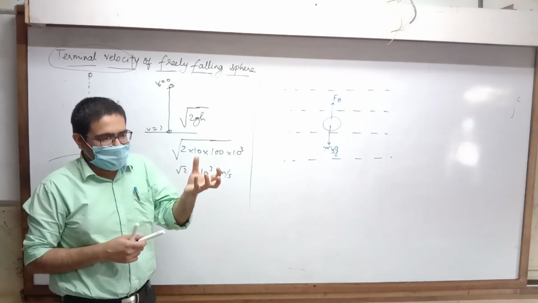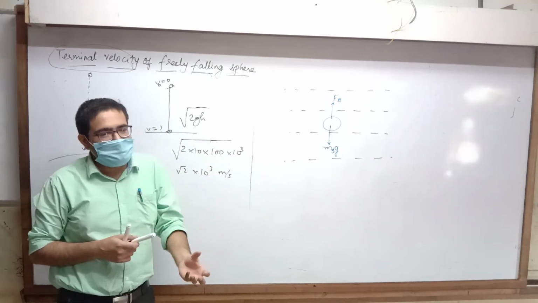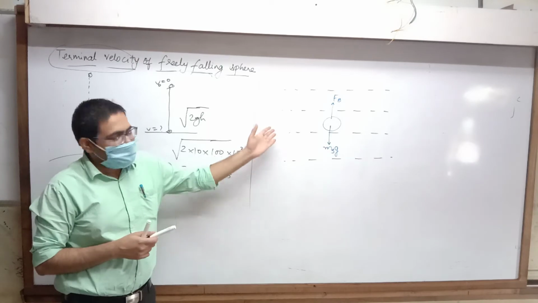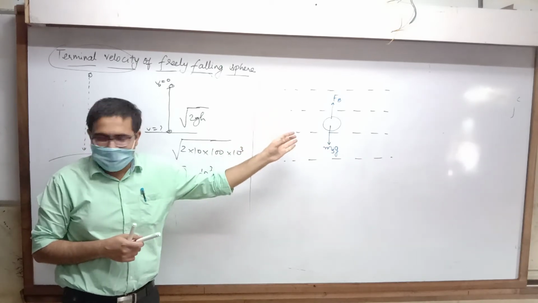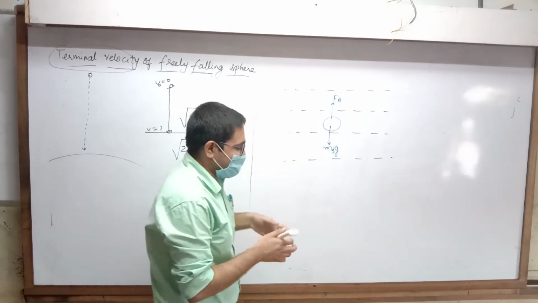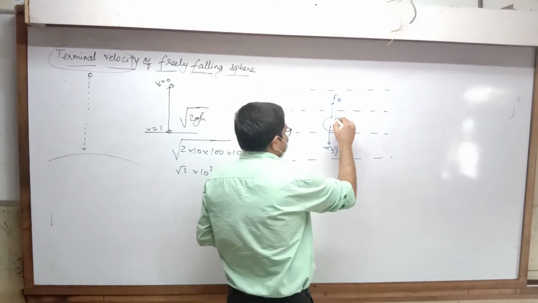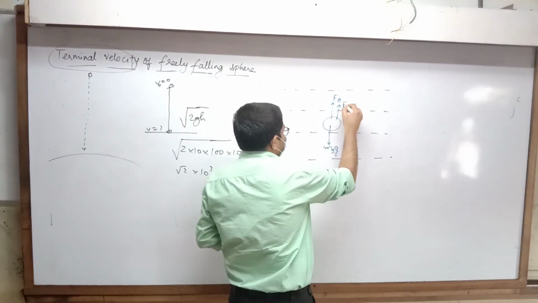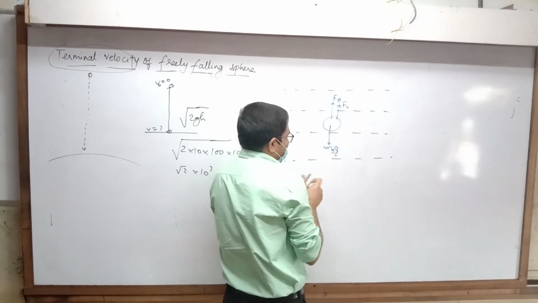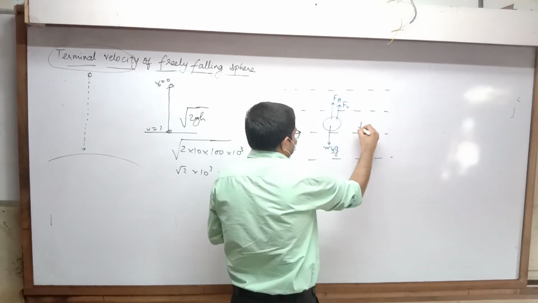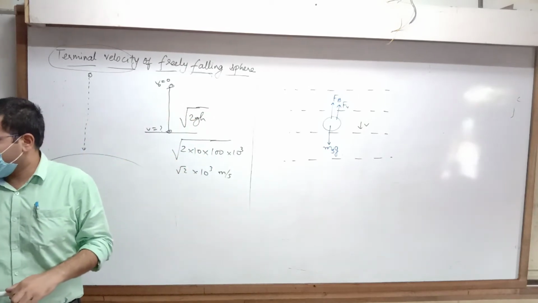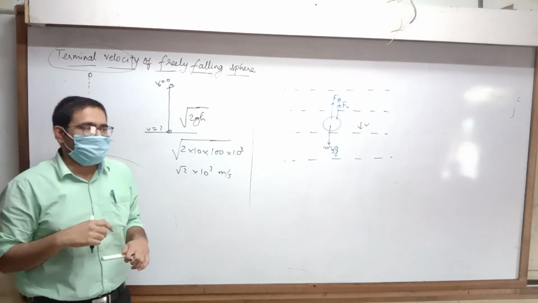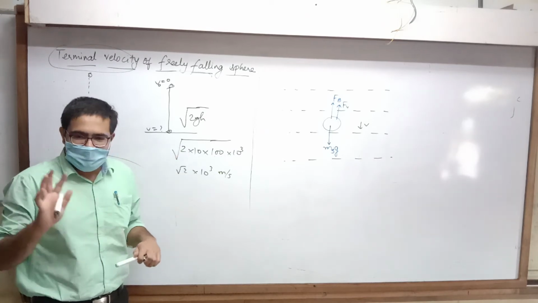If there is some object that is moving in a fluid, whether it's air, water, oil, anything, there will be viscous force opposite to the direction of velocity. The velocity will be down, so viscous force shall be opposite, right?